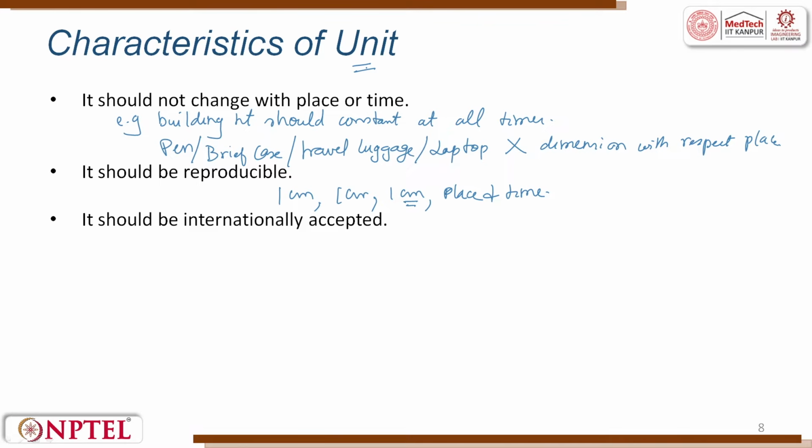For example, inches and feet are still being used. When you look at a building, we talk about square feet, right. When we try to buy a shaft, we say 6 inches. When we measure the dimensions of a window or a door, we tell in terms of inches. Okay.